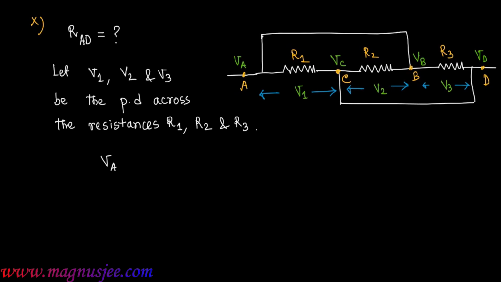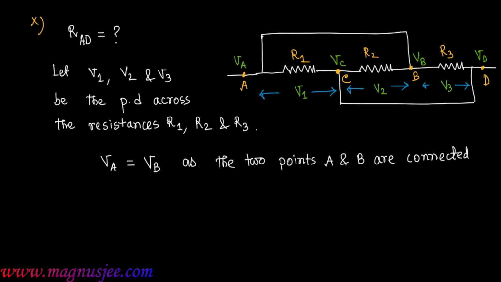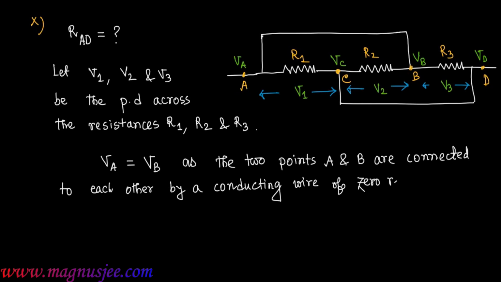Now VA is the potential at the point A, which is equal to the potential at the point B. That means VA equals VB, as the two points A and B are connected to each other by a connecting wire, or conducting wire, of zero resistance.